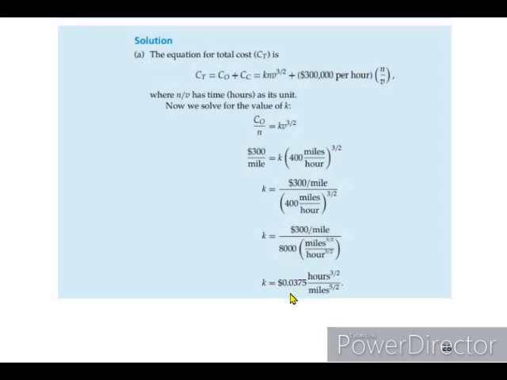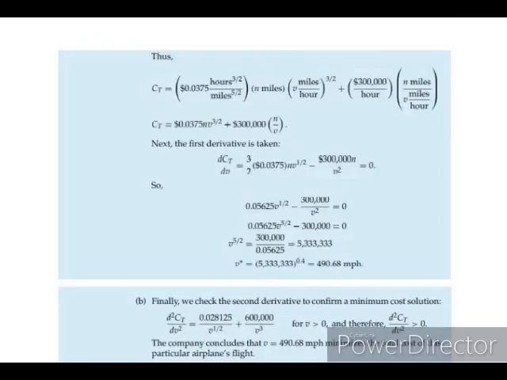It is $0.0375 hours raised to 3 halves over miles raised to 5 halves, because we multiply the mile with miles raised to 3 halves, which is equal to miles raised to 5 halves.